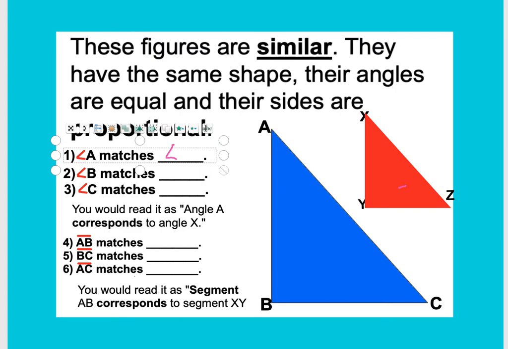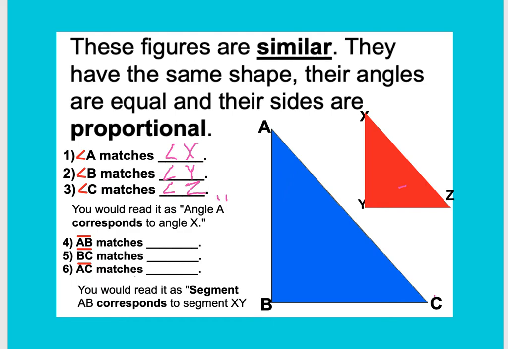Angle B matches with angle Y. And angle C matches with angle Z. Awesome. And we would read it as angle A corresponds to angle X, angle B corresponds to angle Y, and angle C corresponds to angle Z.